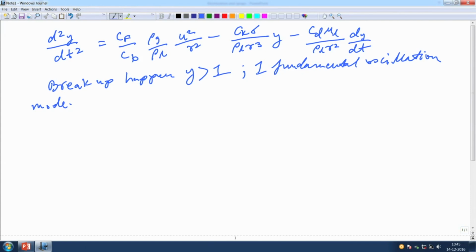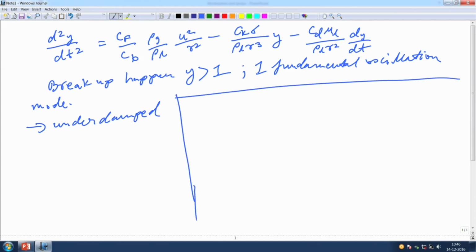Now, how to solve this particular equation. If you take this system to be underdamped, the basic assumption is underdamped, not critically damped, not overdamped. If you recall, a generalized free vibration equation, which is not forced, has m greater than 0, b greater than or equal to 0, and k greater than 0.